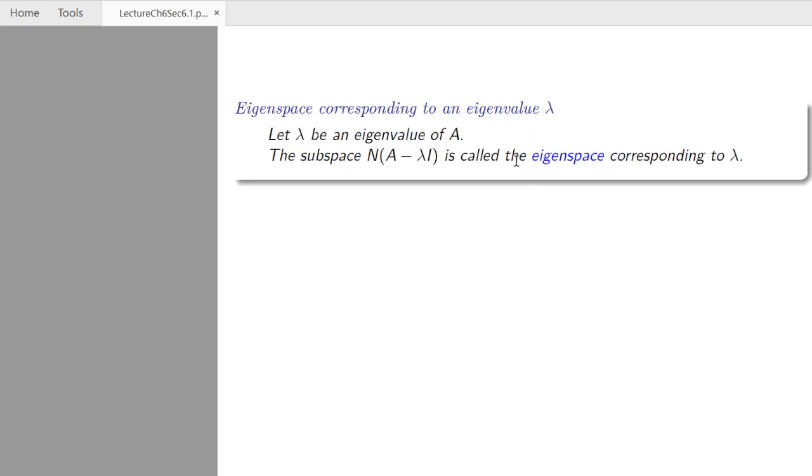That means we can have not just a single eigenvector for the eigenvalue lambda. Corresponding to the eigenvalue lambda, there is a subspace. That subspace is the null space of the matrix A minus lambda I. We will see this later in examples.